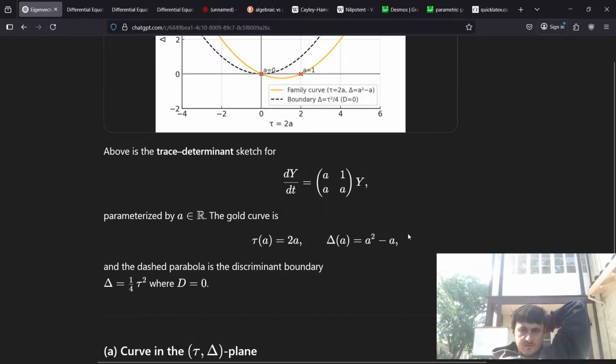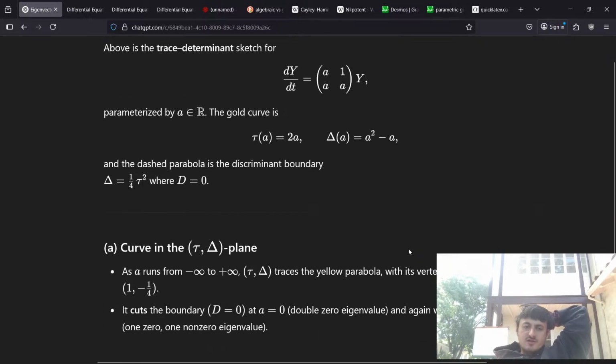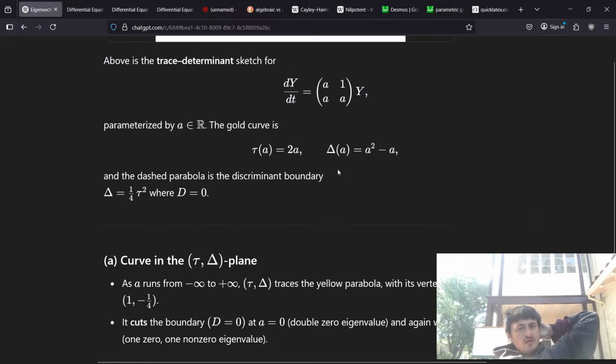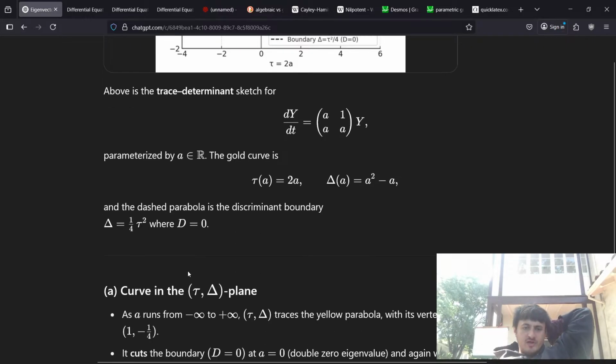Okay. Why do they say delta is that? They're just calling delta the determinant, right? And the dashed parabola is the discriminant boundary.